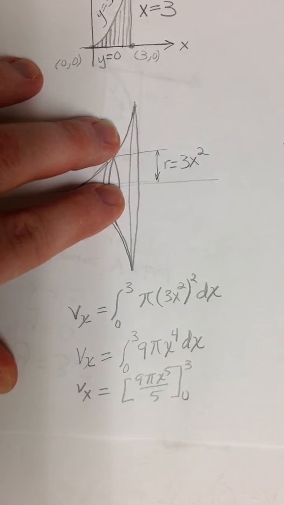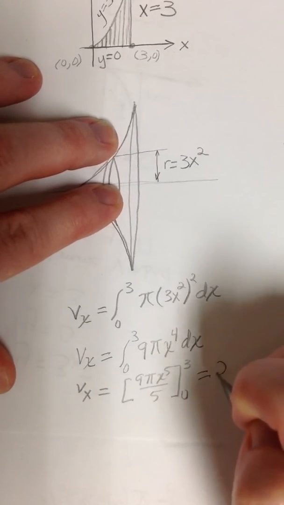What we're going to have in the result is that as we plug in 3 for the upper limit, the exact amount in this particular case is going to be 2,187 fifths pi.